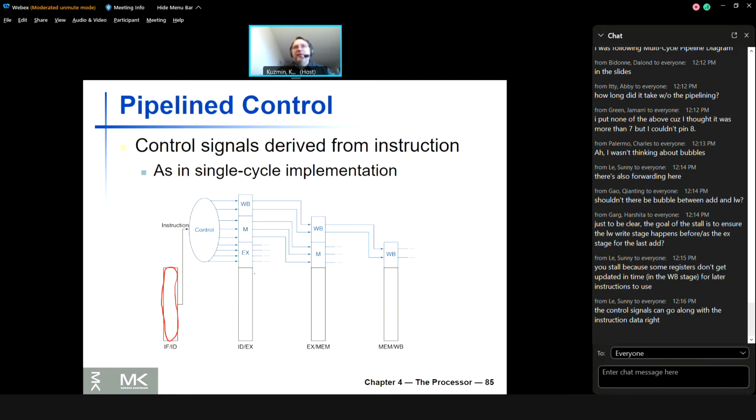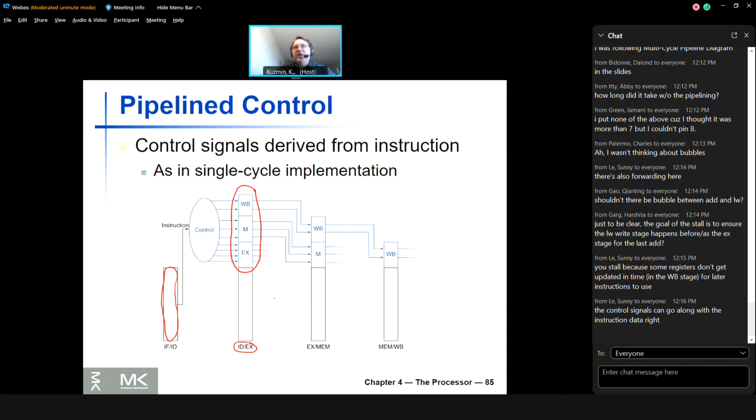Okay, when we produce all the control signals, it happens at the ID stage. That's why they enter this register that we call IDEX, that separates the ID and EX stages. Here we classify all control signals into those needed for the write back stage, the memory stage, and the EX stage. Those are the three stages that remain after the ID stage, because control signals themselves are produced during the ID stage.